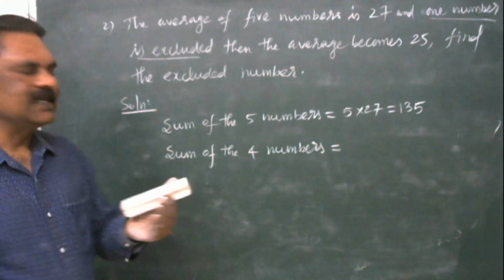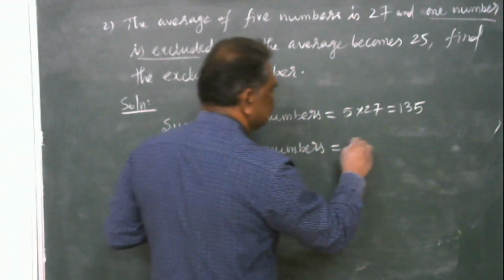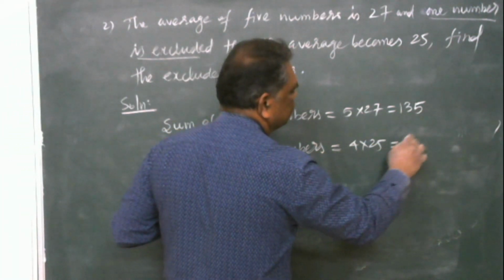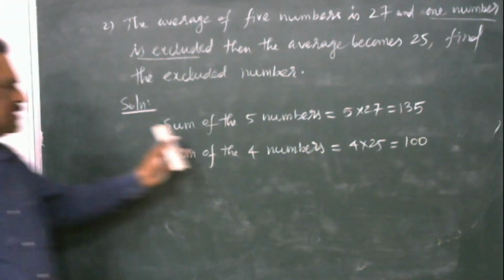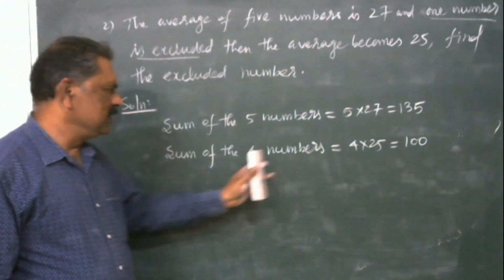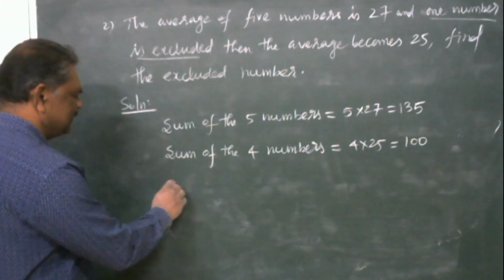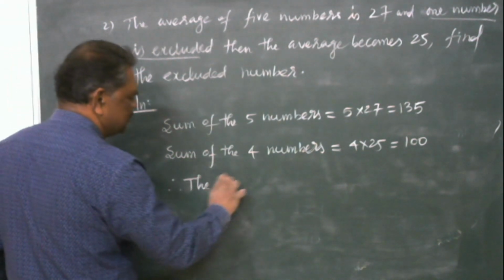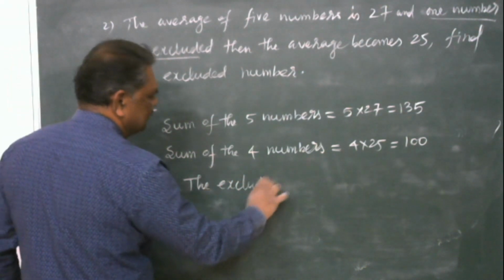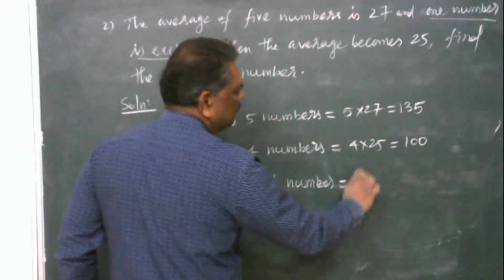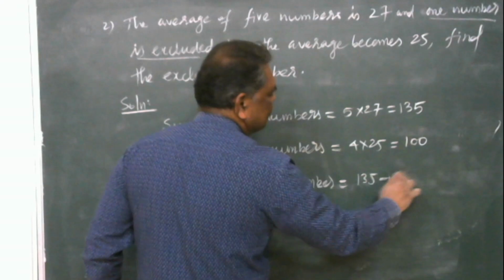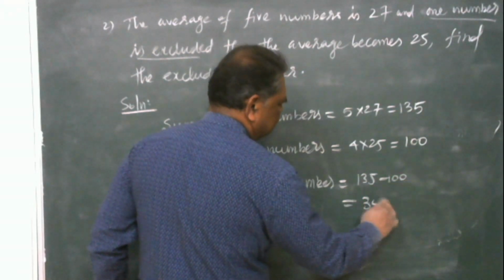That will give the sum, that is 4 into 25, which is 100. So the 5 numbers total is 135, the 4 numbers total is 100. Therefore the excluded number is equal to 135 minus 100, which is 35.